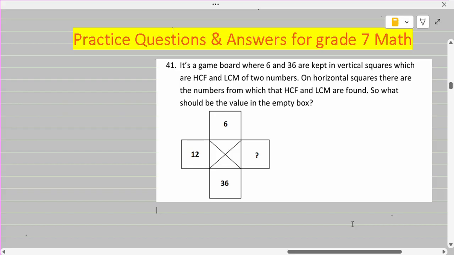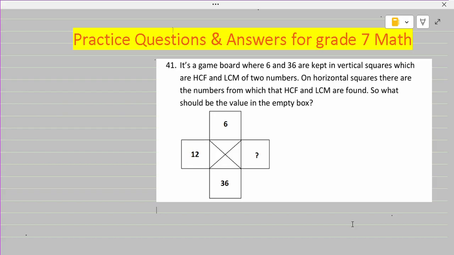It's a game board where 6 and 36 are kept in vertical squares. 6 is kept vertically above, and vertically below there is 36, which are the HCF and LCM. So 6 is the HCF and 36 is the LCM.